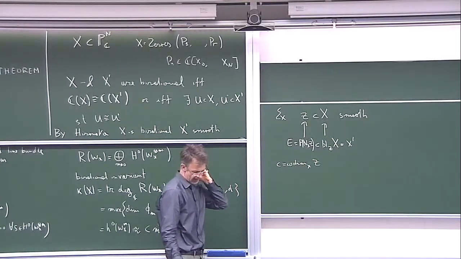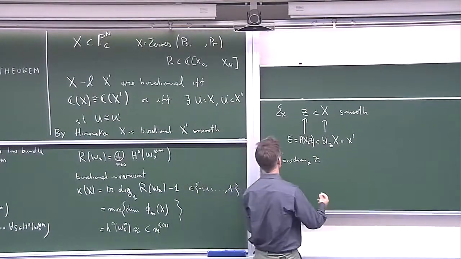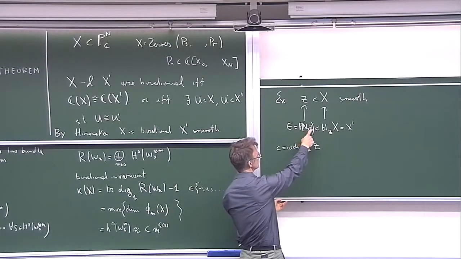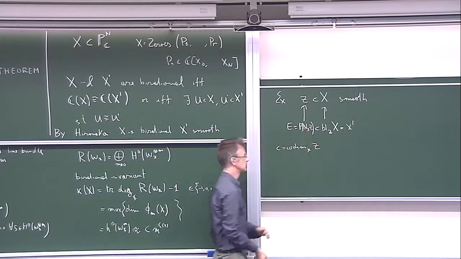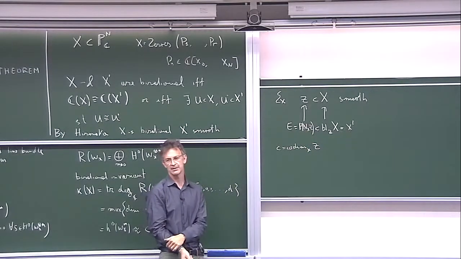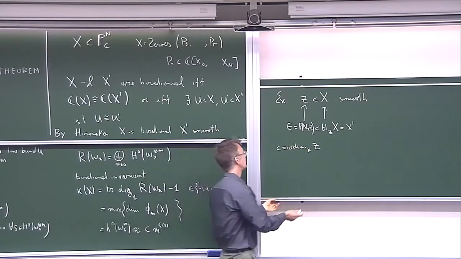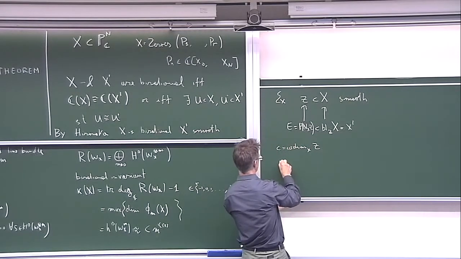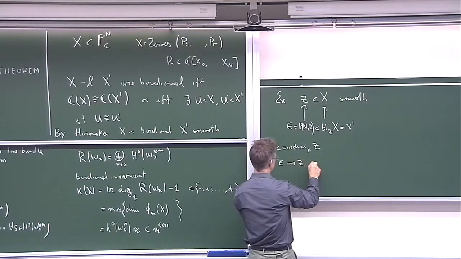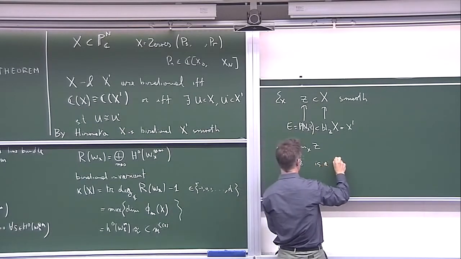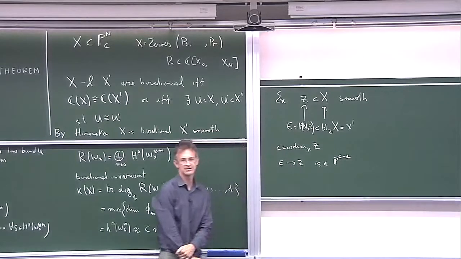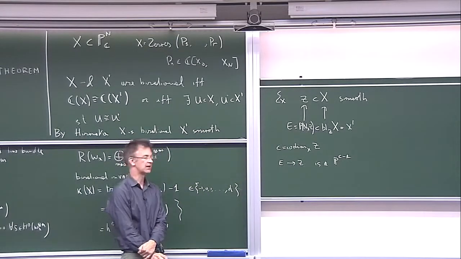Then the normal bundle to z in x will be a bundle of fiber dimension c. So in fact, this e to z is a bundle whose fibers are projective spaces of dimension c minus 1.